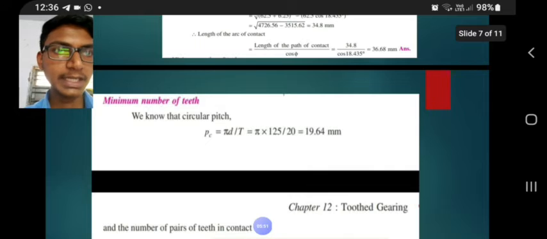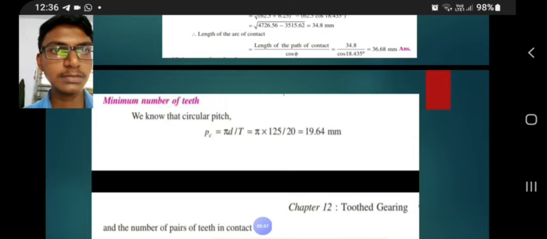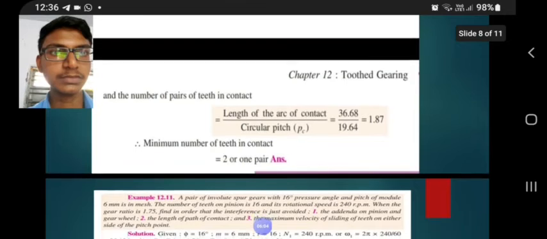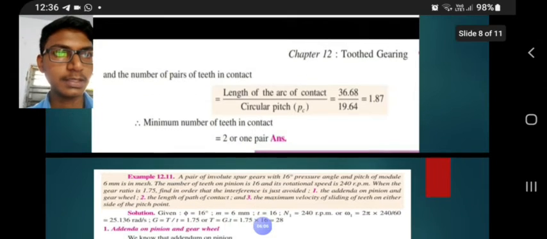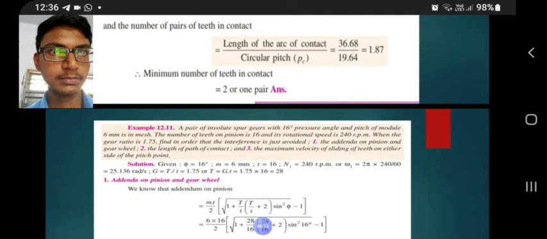P is equal to pi d by t. We know the formula for circular pitch, and by substituting these values in this formula, we will find out the minimum number of teeth. The number of pairs of teeth in contact is equal to the length of the arc of contact divided by the circular pitch, and then the minimum number of teeth in contact is equal to 2.